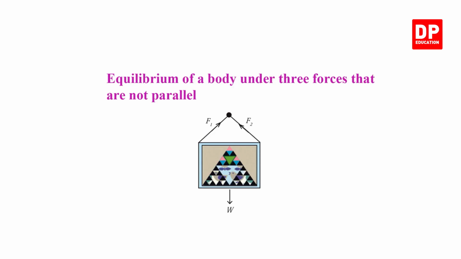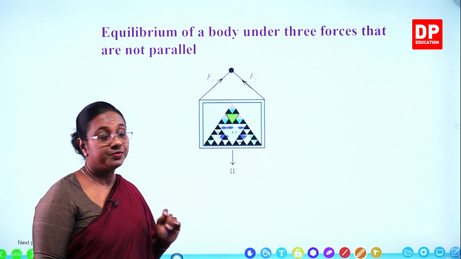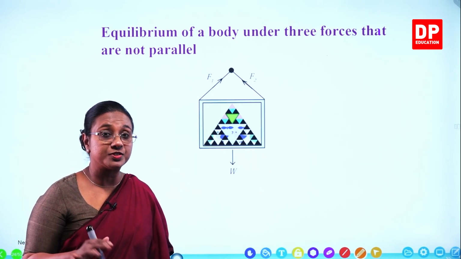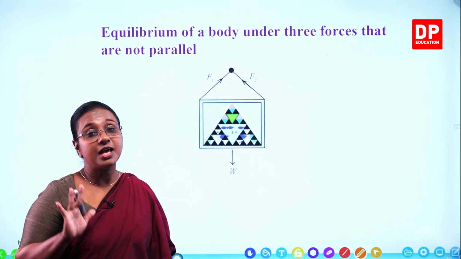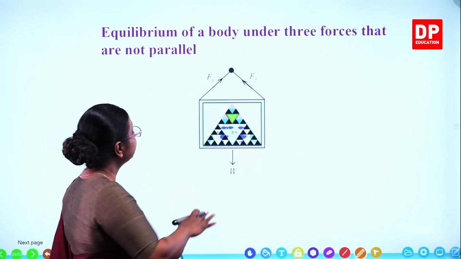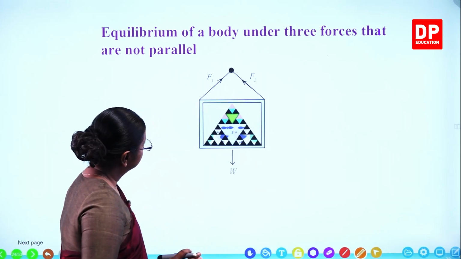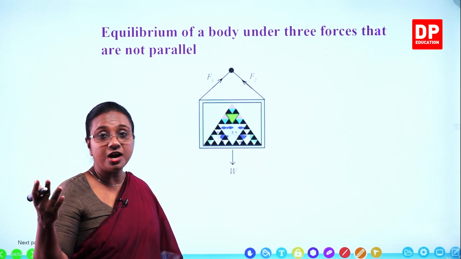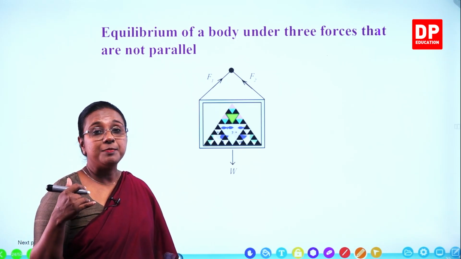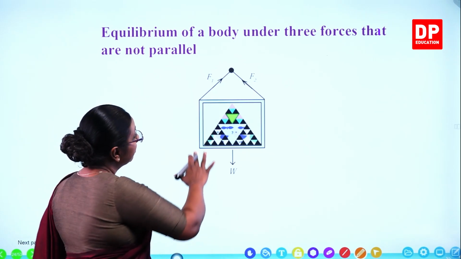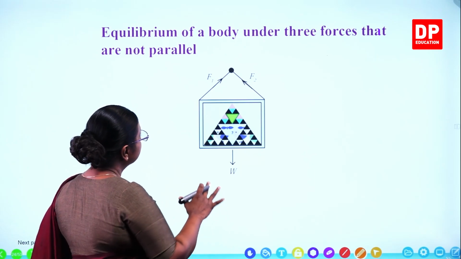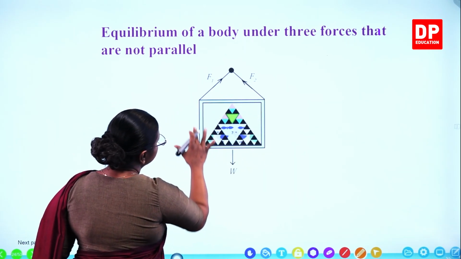Equilibrium of a body under three forces that are not parallel. So here, this is another instance where there are three forces. They are coplanar, but they are not parallel. You have seen this type of example. Maybe a picture or a chart or a wallpaper, or even a periodic table hanging in your classroom. So here you can see this is the picture.